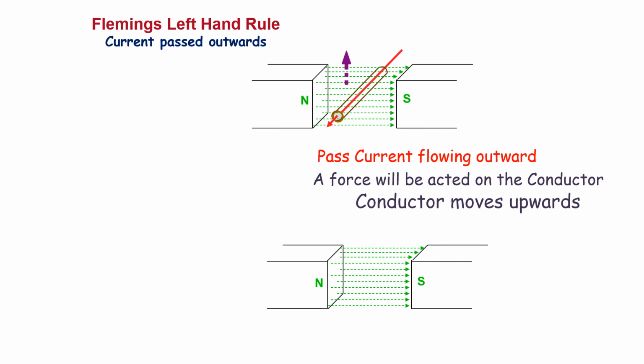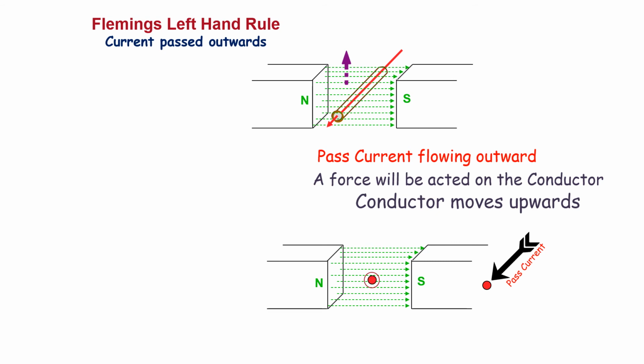The field is shown towards right. Place the conductor. Now the cross section of the conductor is shown. Pass the current outwards. If you treat the current by means of an arrow coming out, you will be seeing the tip of the arrow.